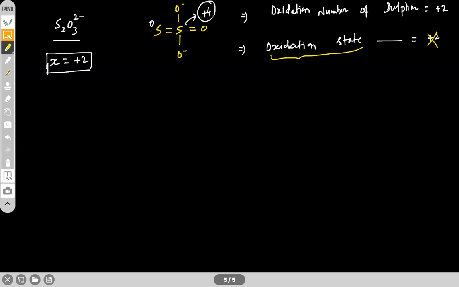One atom has +4 charge and the other has 0 charge. So if they say oxidation state, we should preferably write +4 for one sulfur and 0 for the other. It's not that plus 2 is wrong, I'm trying to make you understand this.